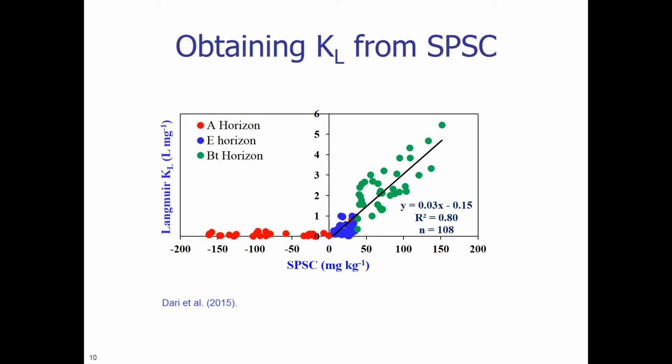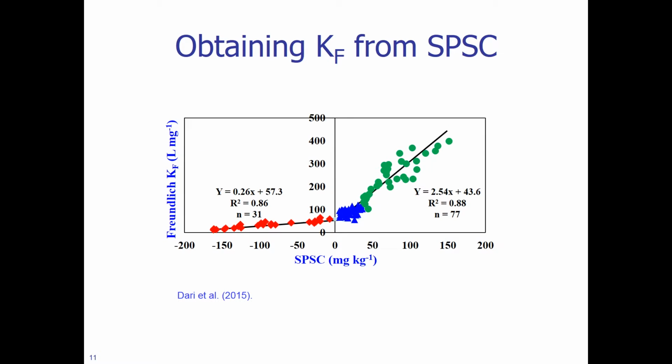Now, what we notice is when SPSC is positive and the KL is related to SPSC, we find that we have a linear relationship. And therefore, if we know the SPSC of a soil, we should be able to obtain the KL value of the soil.